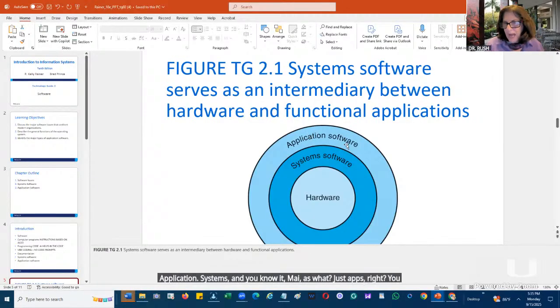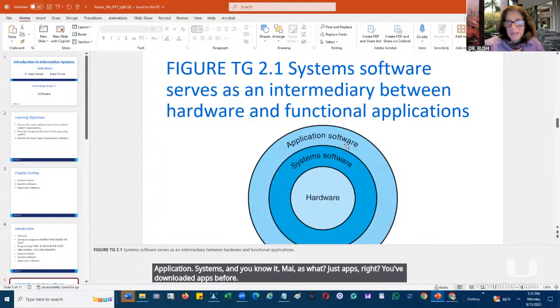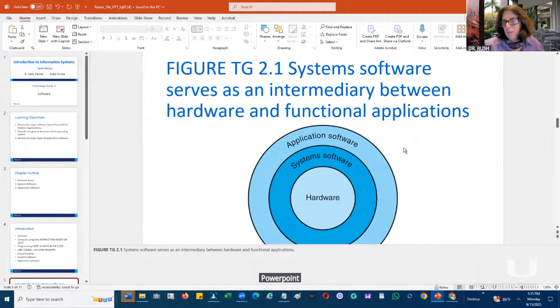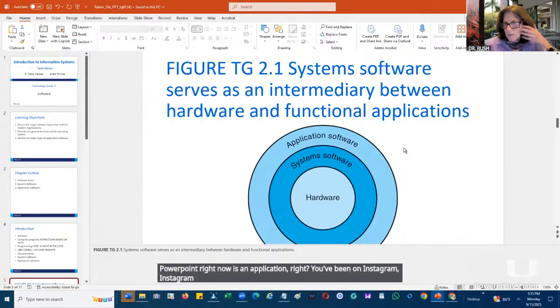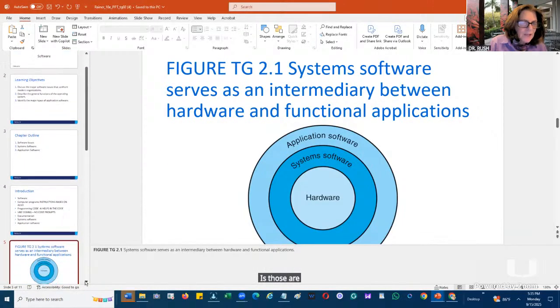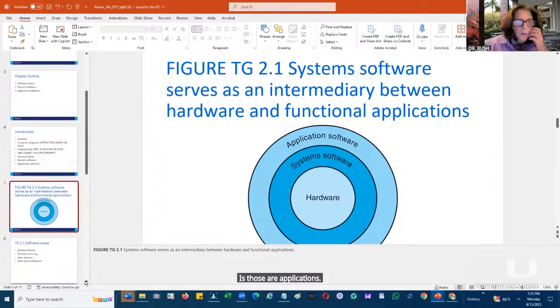You've downloaded apps before. PowerPoint right now is an application. You've been on Instagram, which is an application. It doesn't matter. Those are applications that are important to use. Everybody with me?